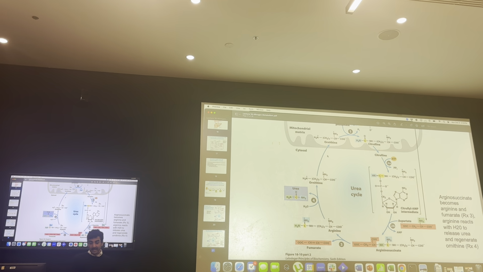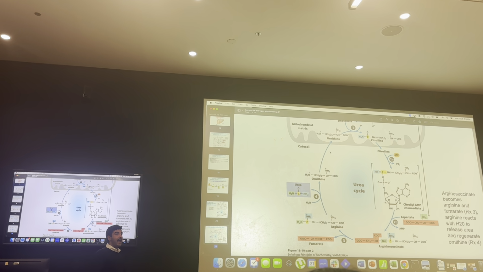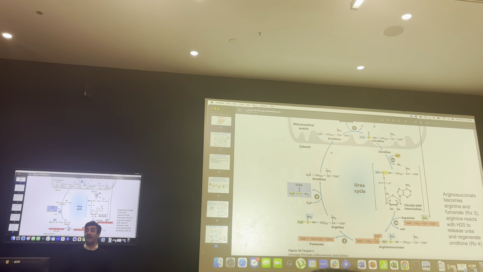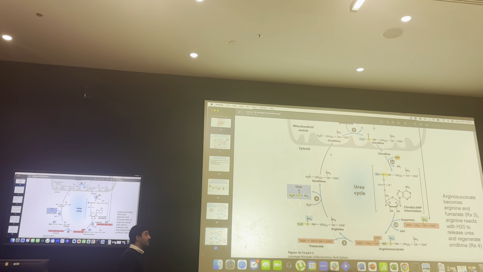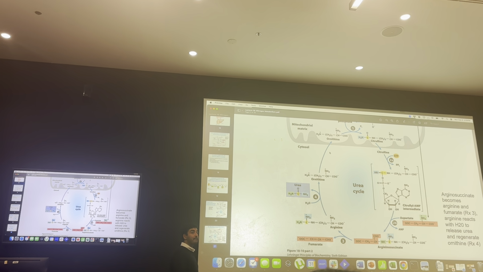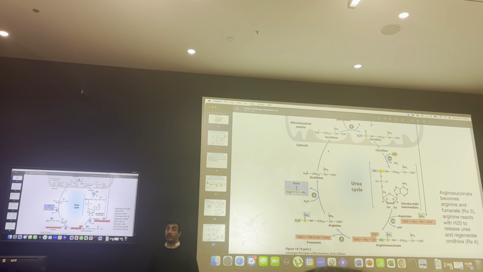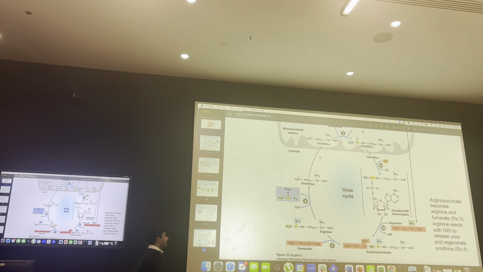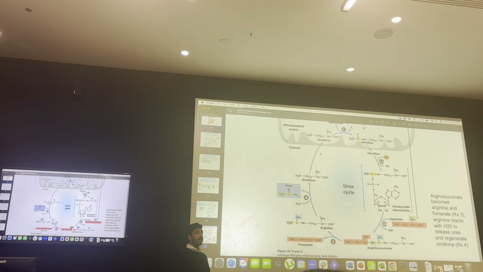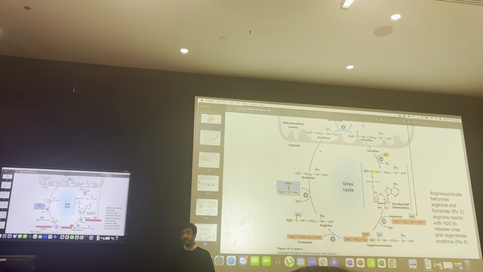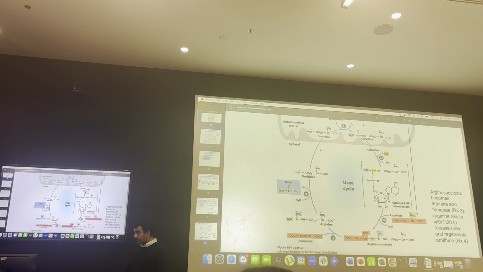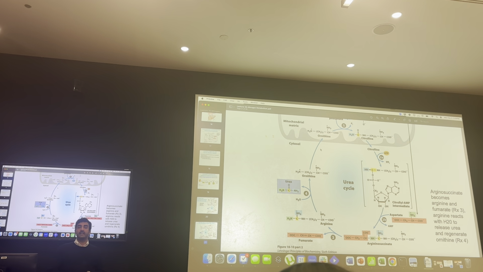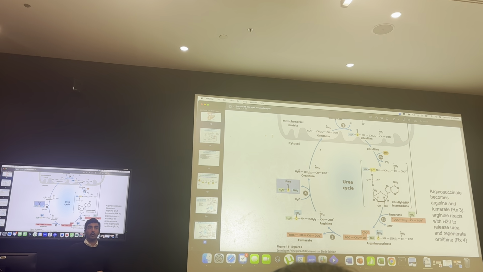Citrulline will then be energized, and rather than attaching a phosphate group, the way that we energize citrulline is by attaching the AMP molecule. Not dissimilar from the way that we are charging amino acids in the aminoacyl transferase in the process of tRNA synthesis, or tRNA preparation for your protein translations, right?